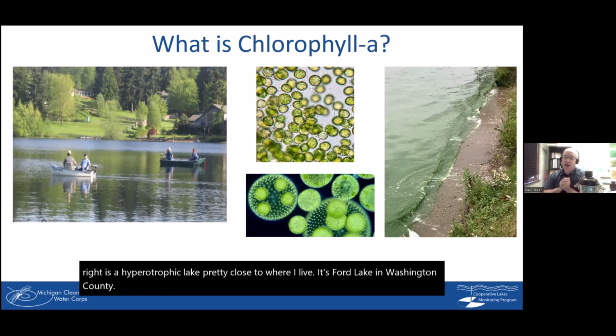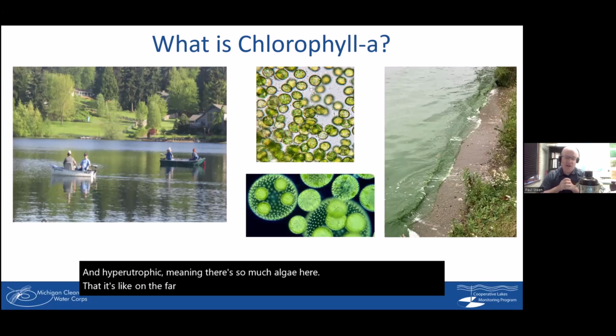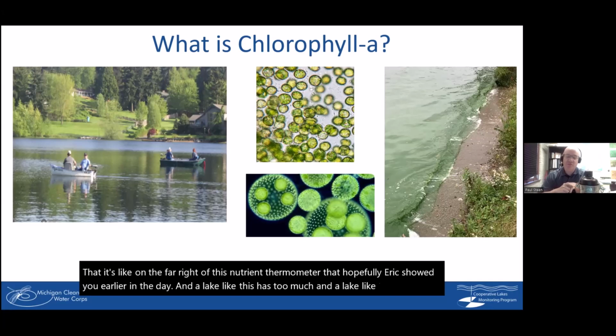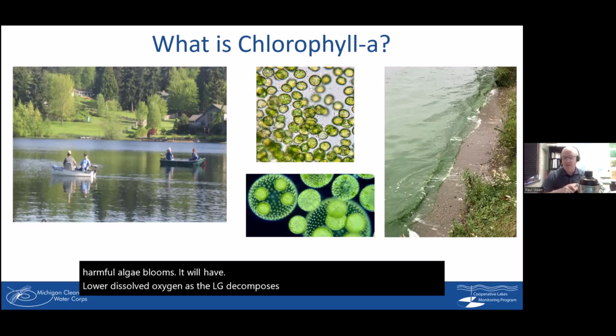Hypereutrophic means there's so much algae here that it's on the far right of this nutrient thermometer that hopefully Eric showed you earlier in the day. A lake like this has too much, and a lake like this will have harmful algae blooms. It will have lower dissolved oxygen as the algae decomposes. So obviously not a good situation.